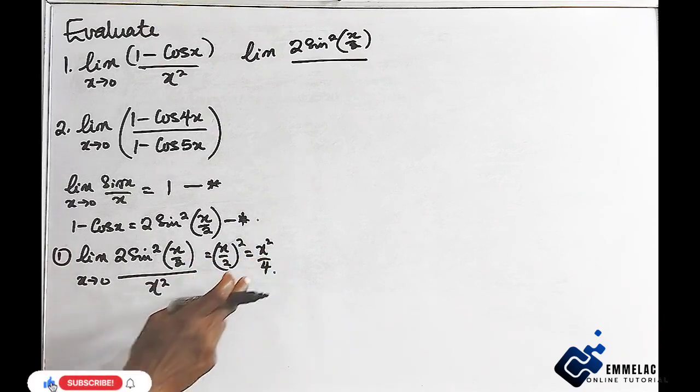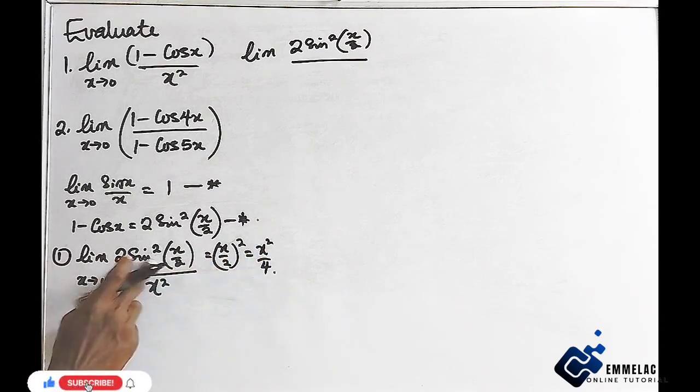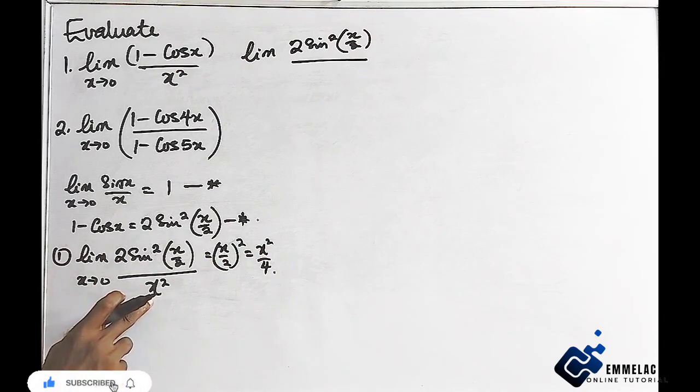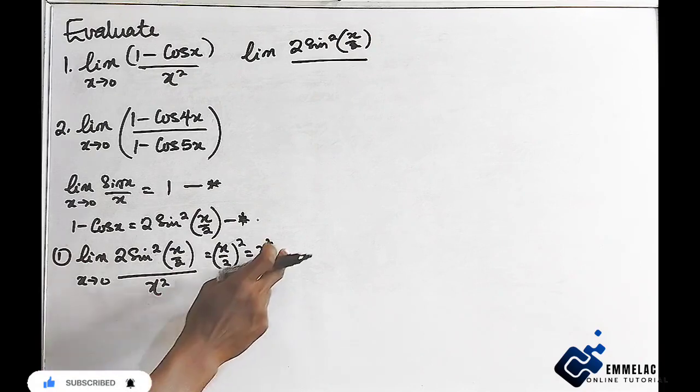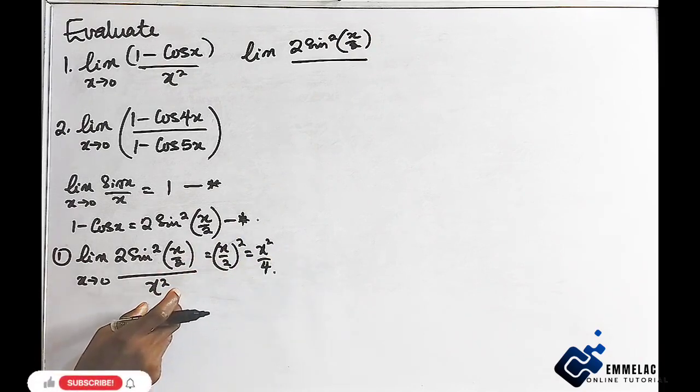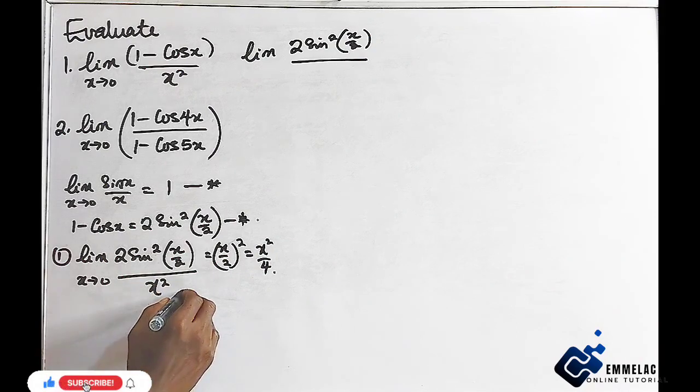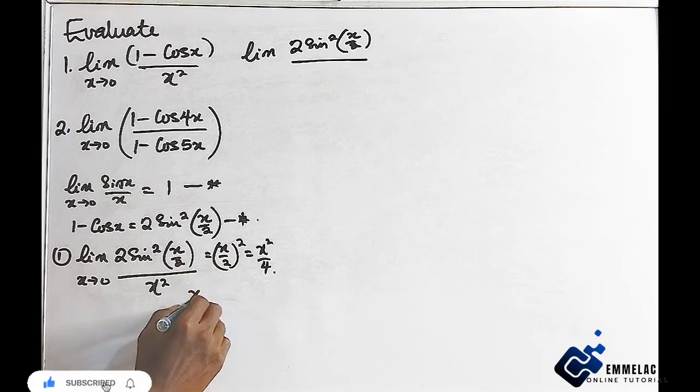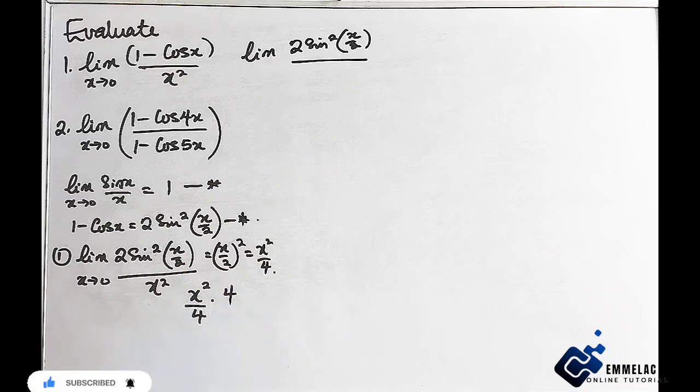Okay, now since this is at the numerator here, let us look for that term in the denominator. And how do we get this term here? For us to get this term, what we just need to do is take x raised to the power of 2 over 4 times 4.